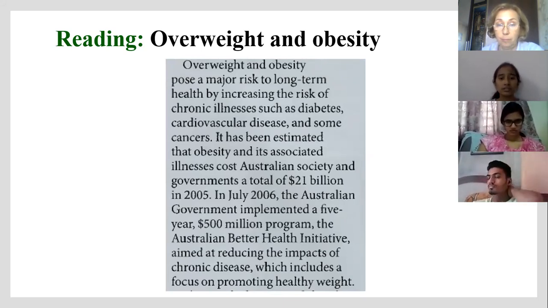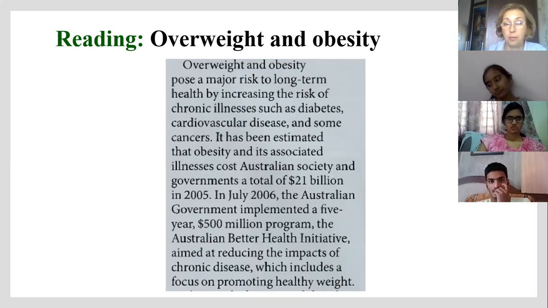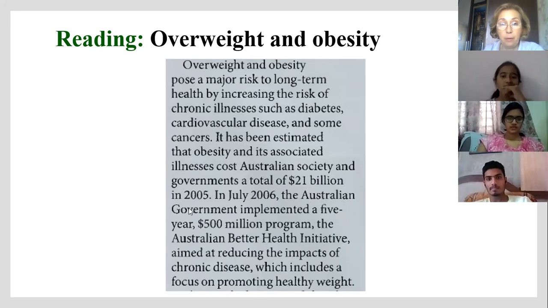In July 2006, the Australian government implemented a 5-year, $500 million program, the Australian Better Health Initiative, aimed at reducing the impacts of chronic diseases, which include a focus on promoting healthy weight. Here is the information about how much it cost the Australian state. Well, and also the information about the risk of chronic illnesses associated with obesity and overweight.